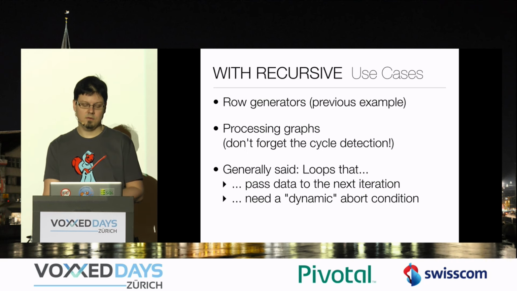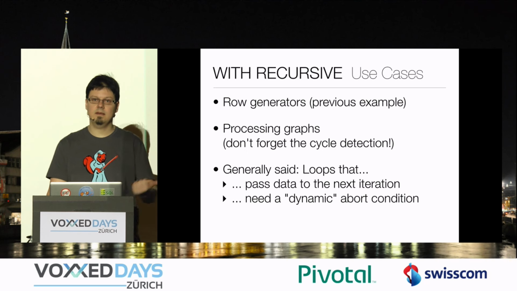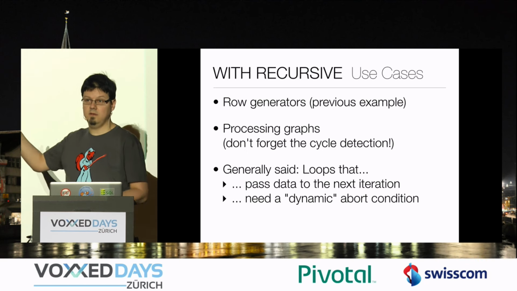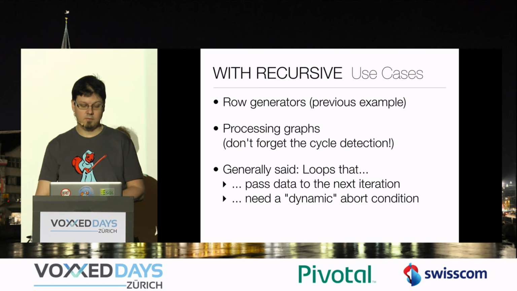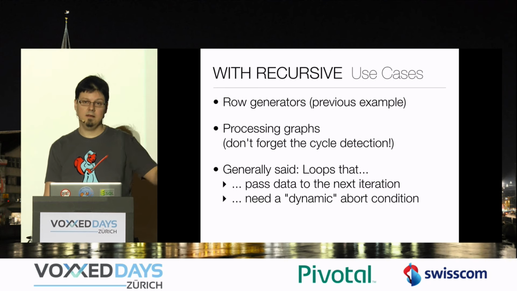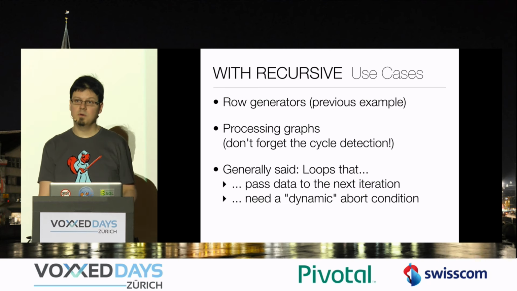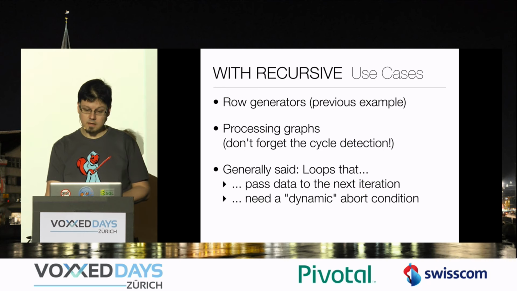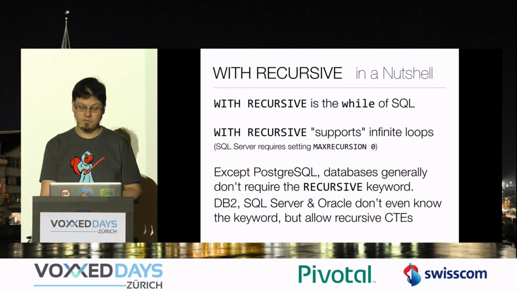The only difference is you can pass state to the next iteration, which we just did with our n, which is a kind of counter. And you can have pretty complex dynamic abort conditions. So it's not like a for loop where you say, make it 10 times or once for every row, but you can have a dynamic abort condition. Using this, you can do pretty awesome stuff.